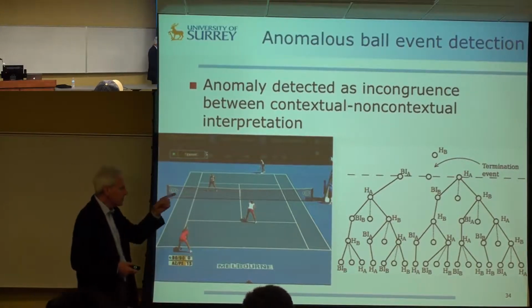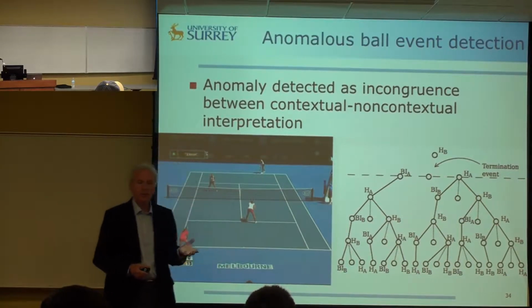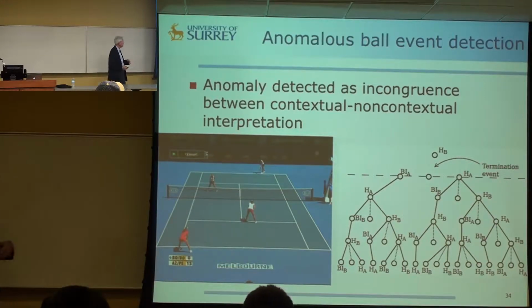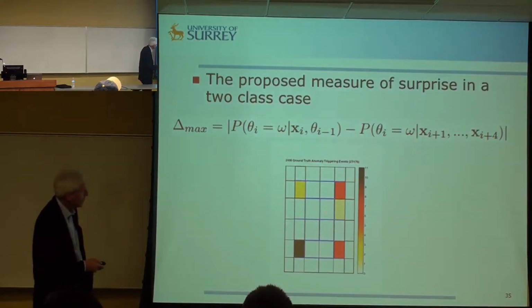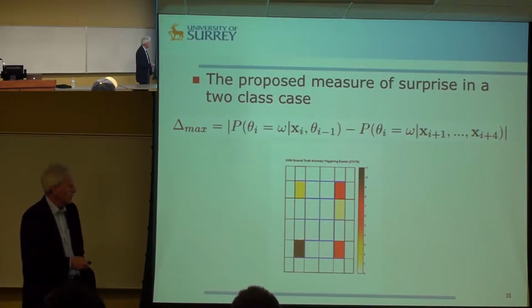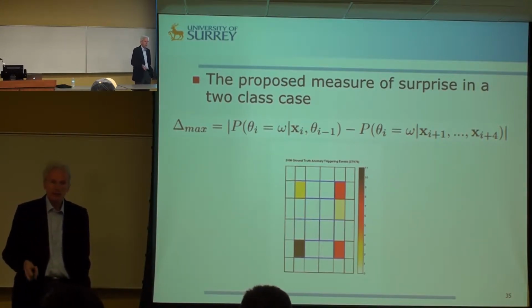And we use the same contextual interpretation model to generate incongruences between contextual reasoning about data coming from the video and non-contextual reasoning, and that allows us to identify all the anomalous situations where the game continued in spite of the fact that the low-level system said, no, this is a fault, this is ball out of play.